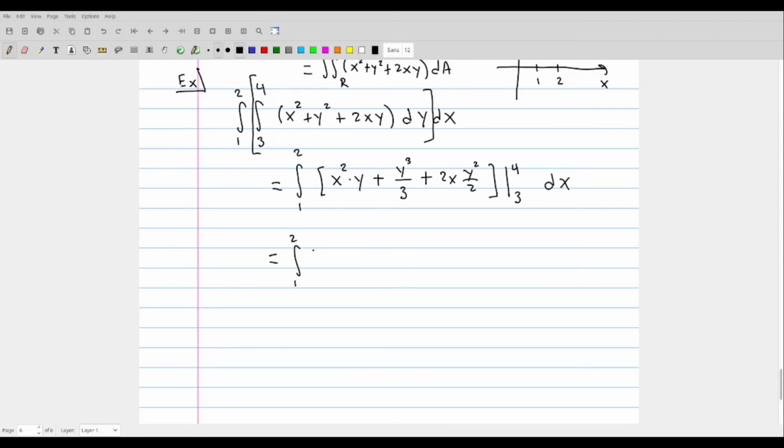And when we do this, we get 4 times x squared plus 4 cubed over 3 plus x times 4 squared, minus 3x squared plus 3 cubed over 3 plus 3 cubed times x, which simplifies to the following.